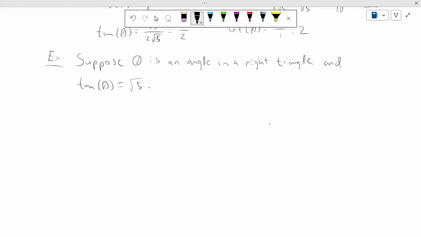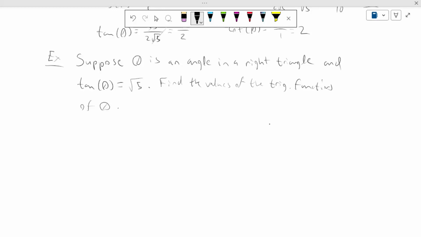Okay. Find the values of the other 5 trigonometric functions. Find the values of the trig functions of theta. Okay, fair enough.